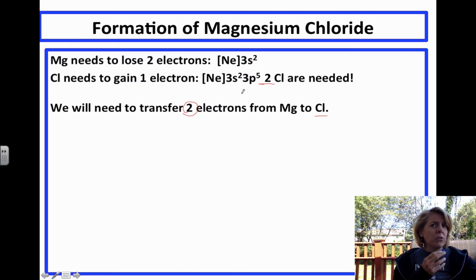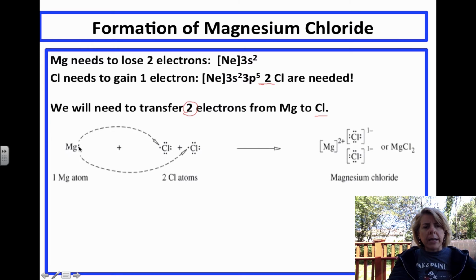This is why I was drawing the equations that I was in the other video. Magnesium has 2 electrons, and only 1 can go to each chlorine, so we need 2 chlorine atoms for every magnesium atom. This is how we draw the Lewis or dot diagrams for the ions that are undergoing ionic bonding.